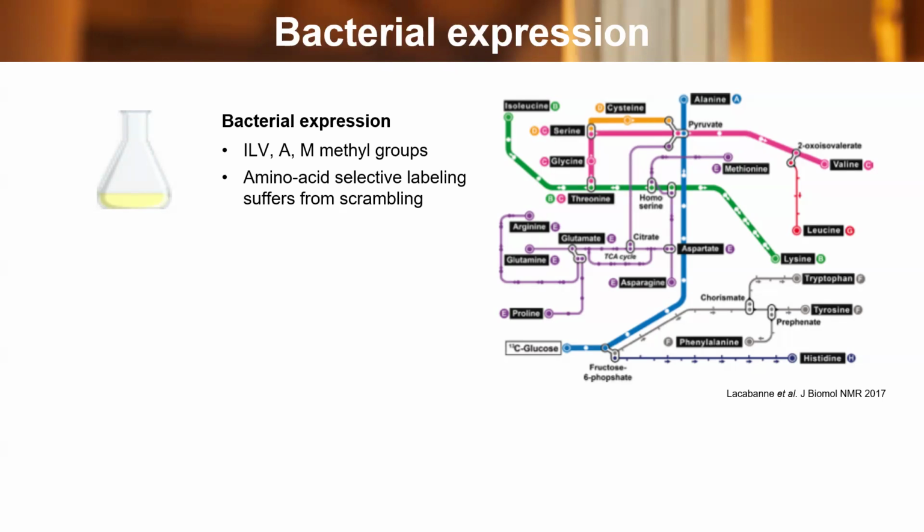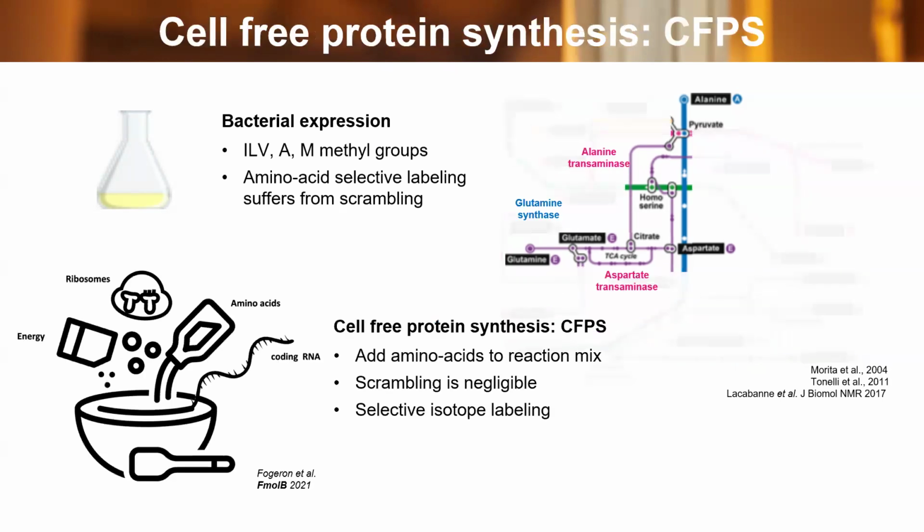To avoid this scrambling, in the lab we are using cell-free protein synthesis to produce our protein, which I will call CFPS. The idea is that instead of using cells to produce your proteins, you mix all the necessary ingredients in a pot: the energy source, the ribosome, the amino acids, the coding RNA. Because you directly add your amino acids, you can really choose the labeling scheme you want.